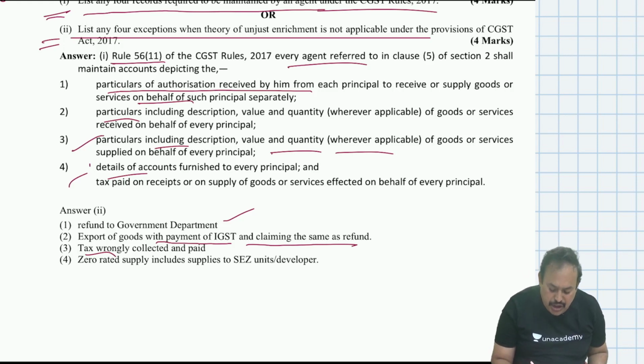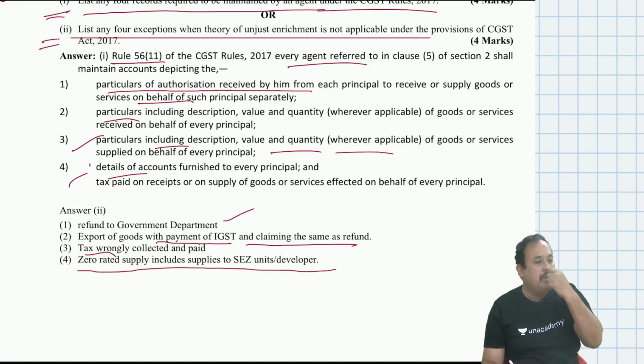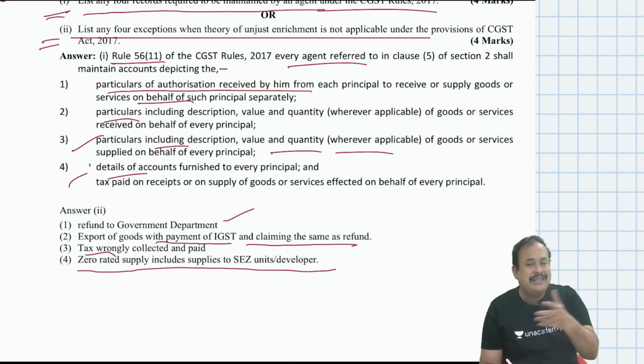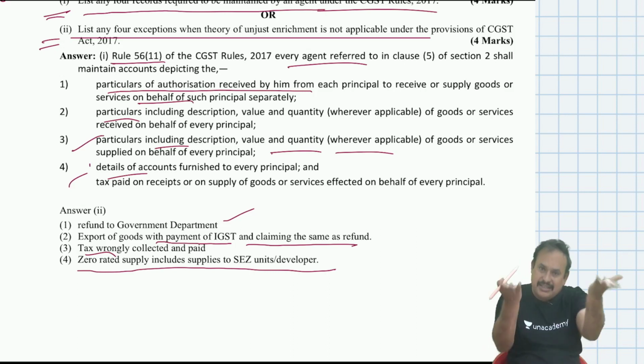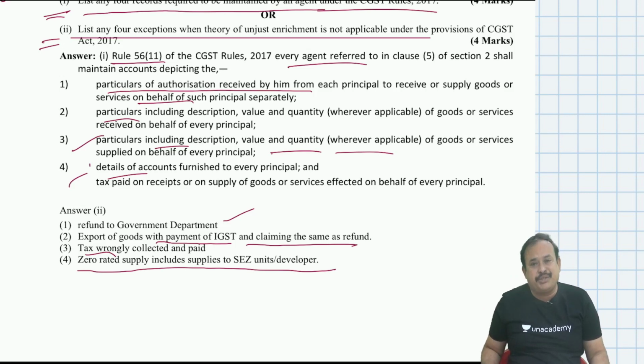Further, zero rated supply, including supply to SEZ units or developers, without referring to unjust enrichment, will be granted the refund to them. That means export of goods or services with the payment of IGST, proof is there, the same asking for refund, not required to undergo any unjust enrichment test.